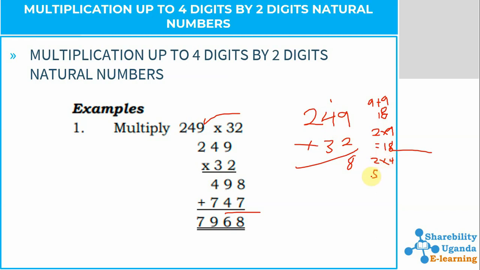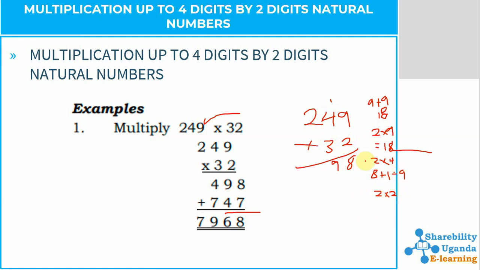We get 8. Then we say our 8 plus 1, which is the one which remained here. So when you say 2 times 4, we get 8 plus 1 becomes 9. Then we also come and say our 2 times 2.